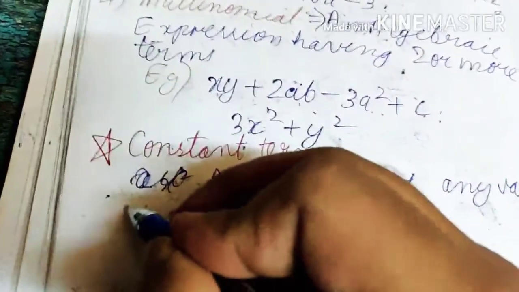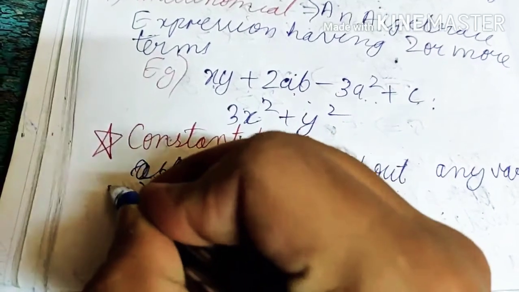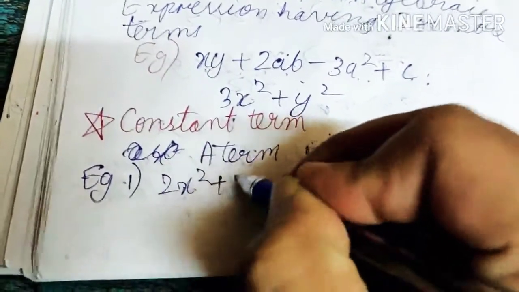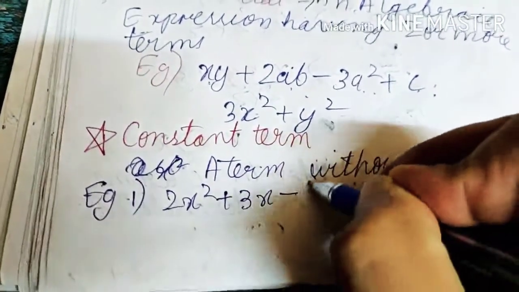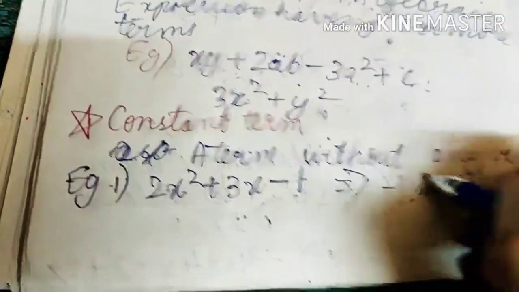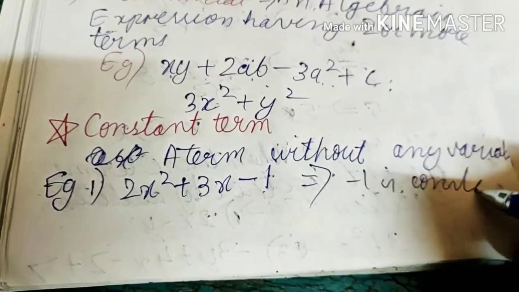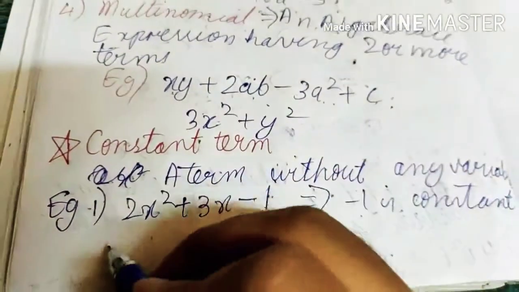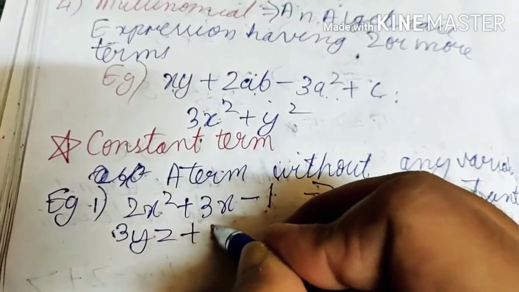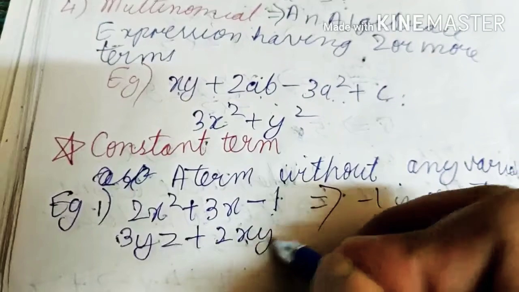For example, if we see 2x square plus 3x minus 1, here minus 1 is constant, okay. Or 3yz plus 2xy.